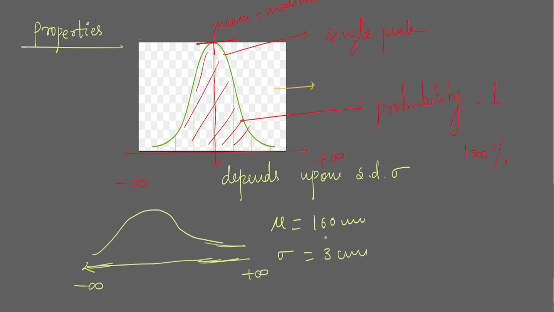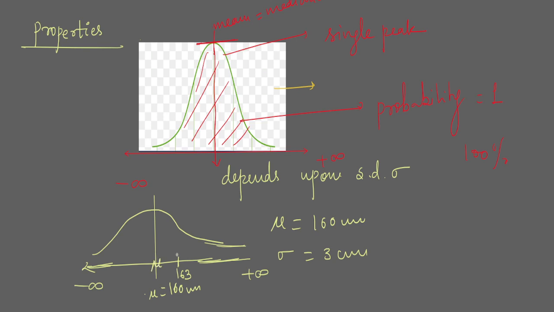So if I draw a symmetric line, here mu is equal to 160 centimeter, and as sigma is 3 centimeter, I have to add sigma to this mu, that is 163.